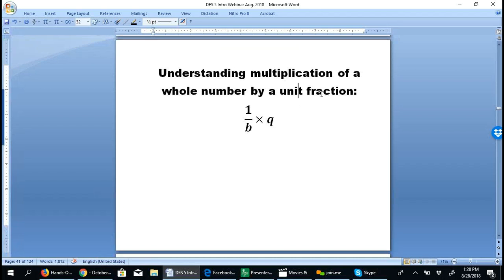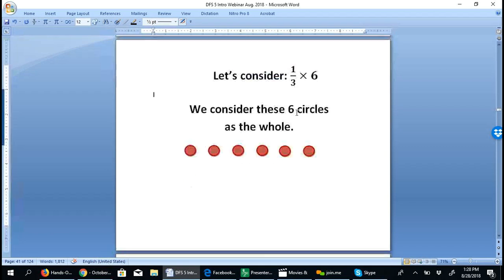Next step is we want to multiply a whole number by a unit fraction. 1 over b, as we said earlier, is a unit fraction. So what would be 1/3 of 6? Let's consider we have these 6 chips. 1/3 times 6 means we need to take 1/3 of them. We need to partition these 6 chips into 3 equal parts.